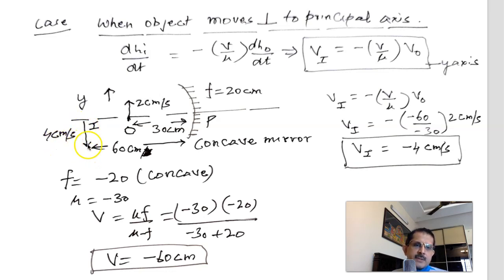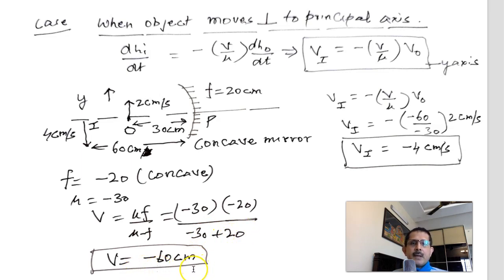And they have given focal length as 20 centimeter. It's a concave mirror, so focal length would be minus 20. U is equal to minus 30 they have given. Now we can easily find V. V is equal to UF divided by U minus F. So I can find minus 30 into minus 20, divided by minus 30 plus 20.